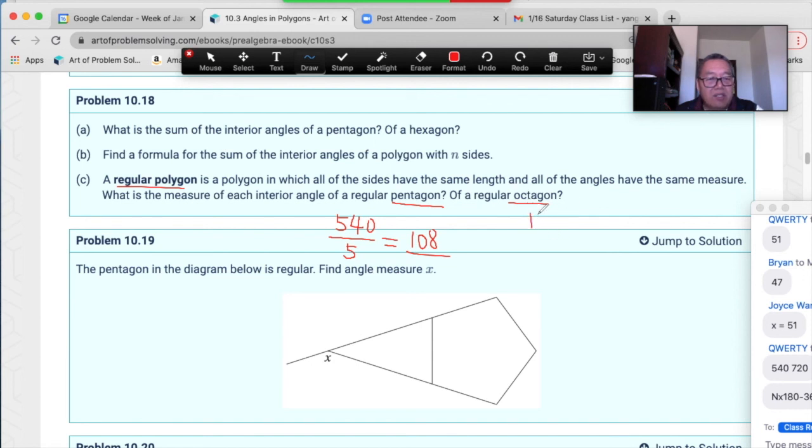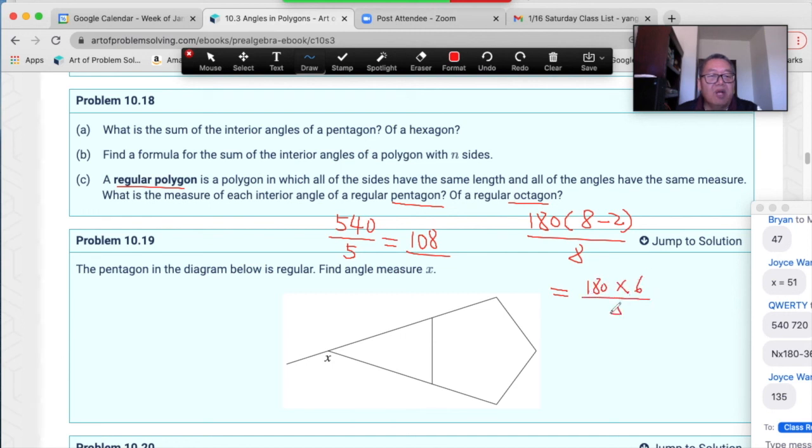For an octagon, you need to use 8 minus 2 times 180, which gives you the sum of the interior angles in an octagon, then divide by 8. So you can do 180 times 6 divided by 8.